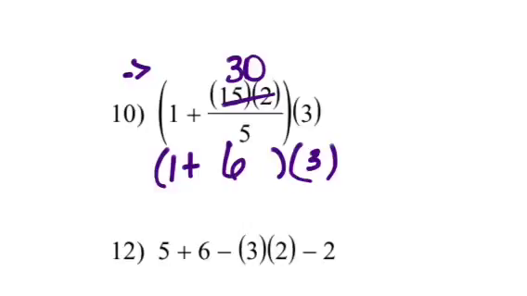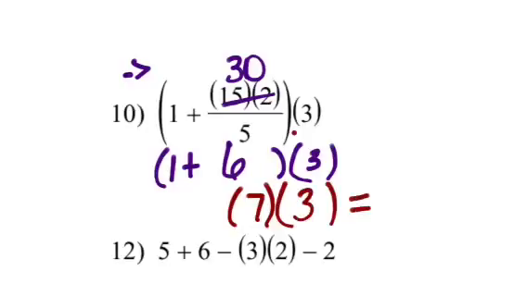Am I done with those parentheses? No, because I still have this here. What is 1 plus 6? Well, I can rewrite that as a 7. My parentheses are touching, so my parentheses are still touching. 7 times 3? 21.